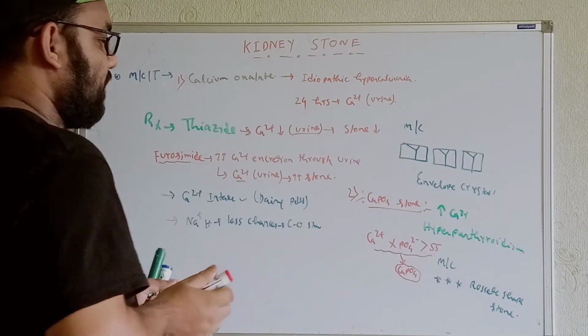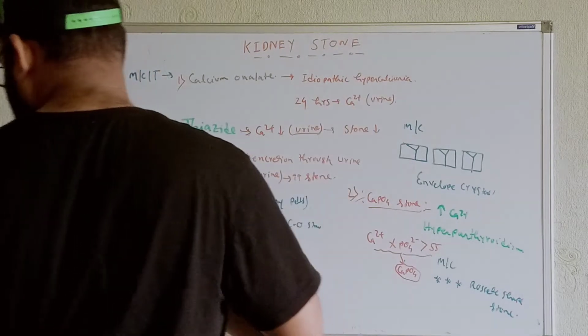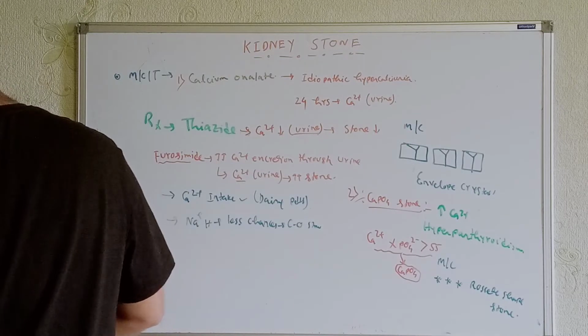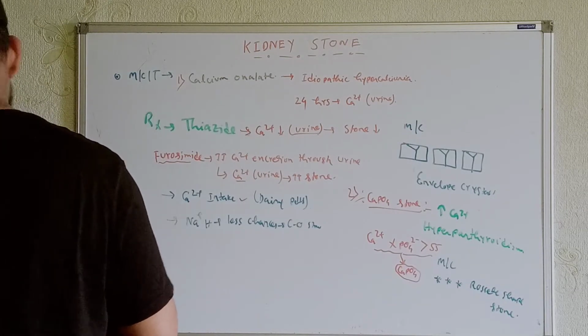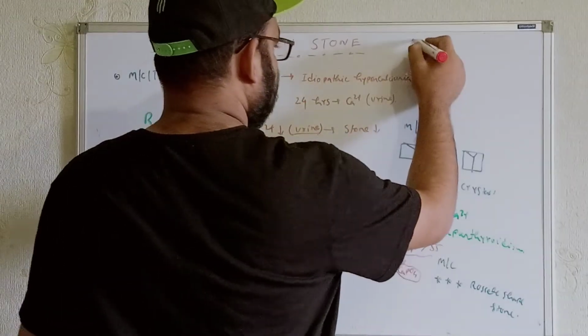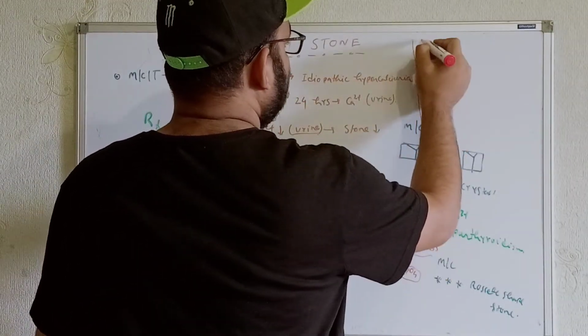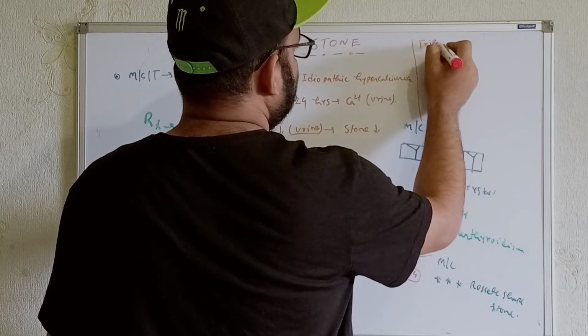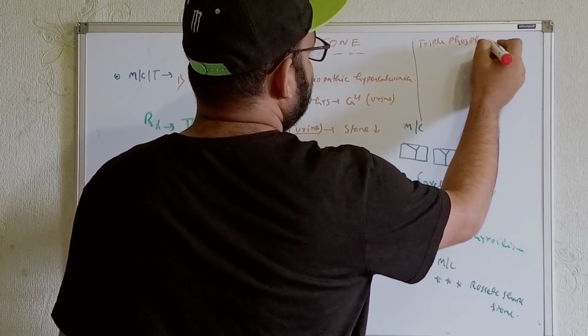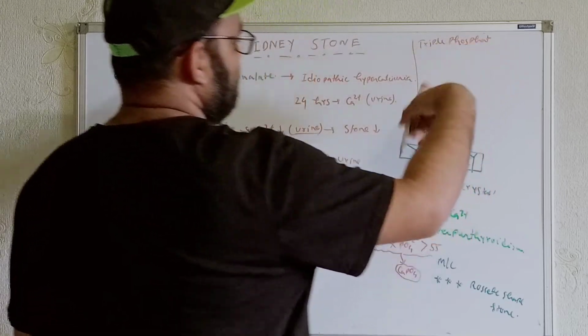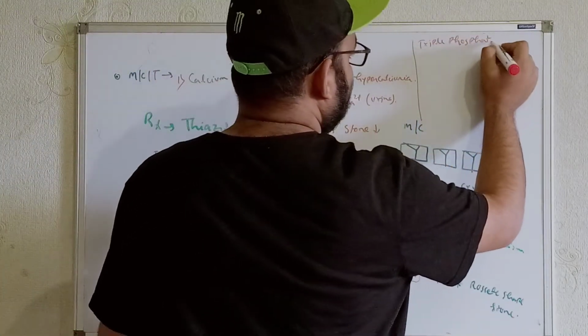Okay, now we'll talk about the triple phosphate stone. Don't think that three phosphate ions will be here; I will explain why.